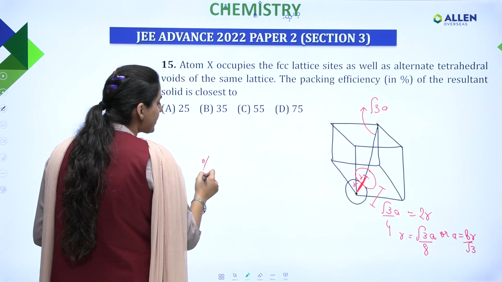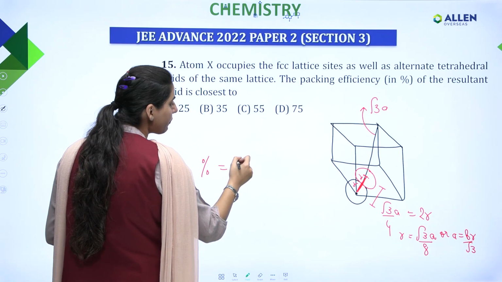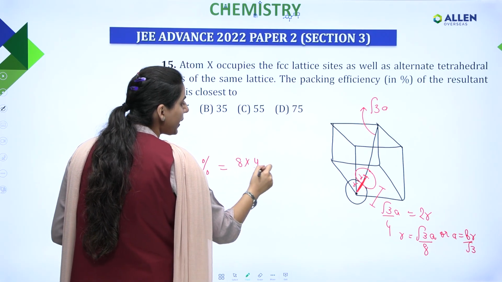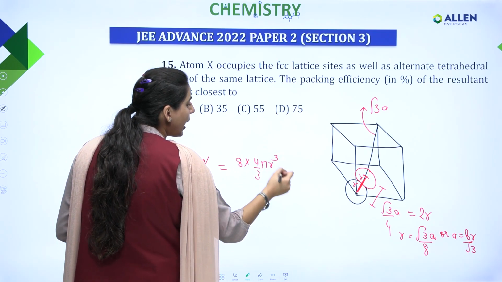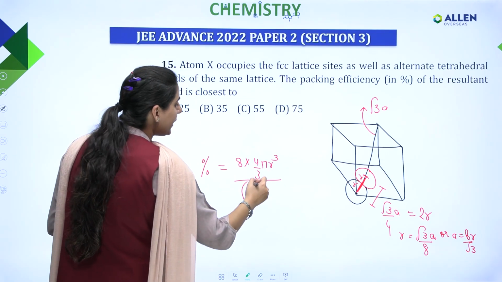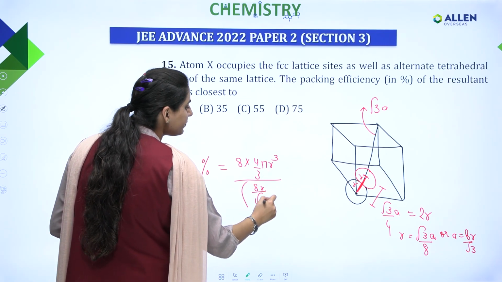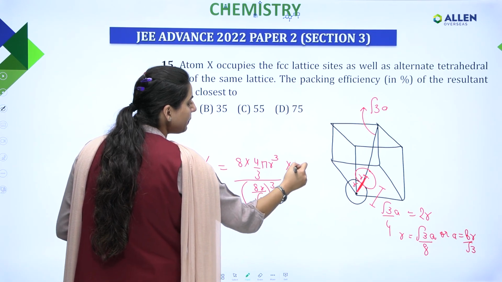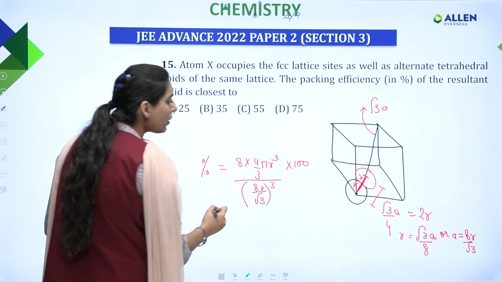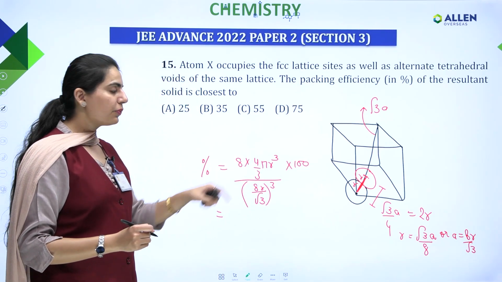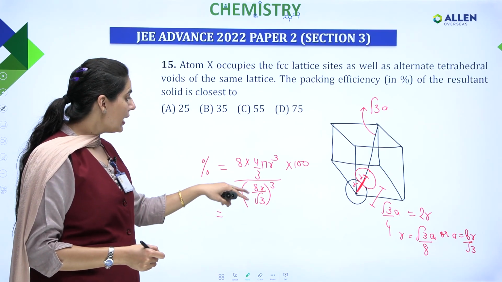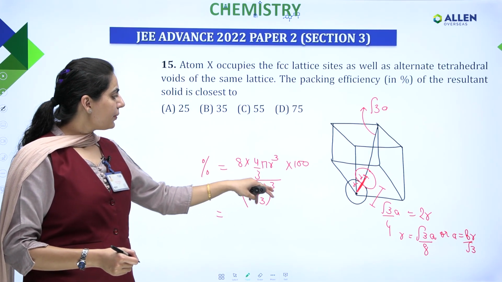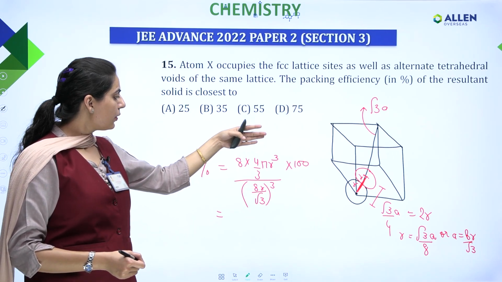So if I solve, percentage packing efficiency will be 8 into 4/3 pi r cube, and the side now will be (8r/√3) cube, multiplied by 100. Now, r cube will get cancelled, pi will still be there. It will be 8 into 8 into 8, so it will be 1/16, √3 will go above.